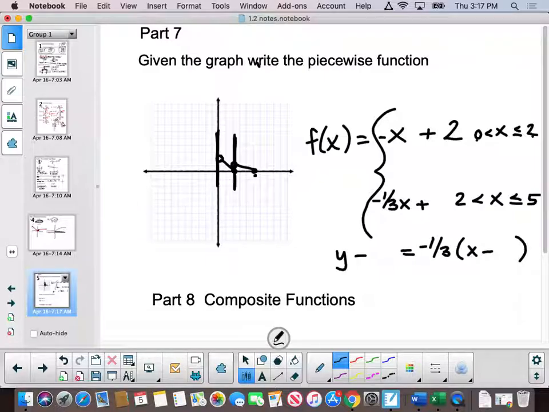What's one point that's on there? 5, 0, so x is 5 and y is 0. And you get y equals negative 1/3 x plus 5/3.